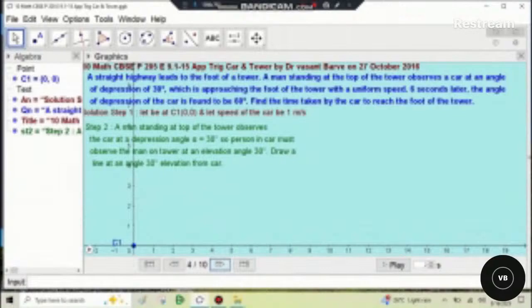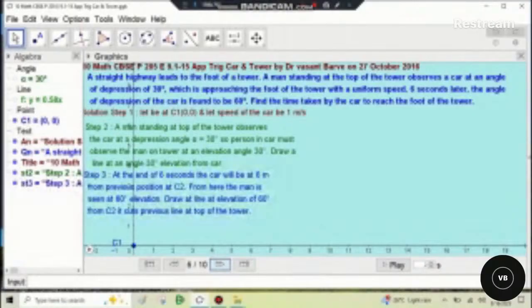For the person on the tower it is angle of depression. For the person in the car it is angle of elevation. So let us draw that. At the end of 6 seconds, the car will be at C2.